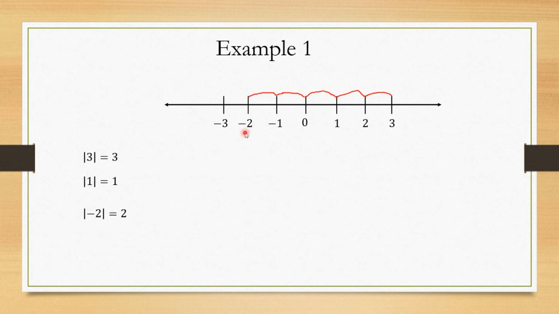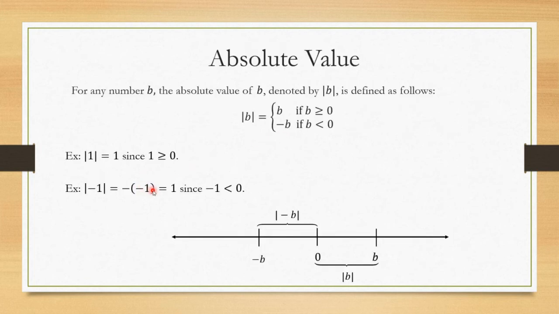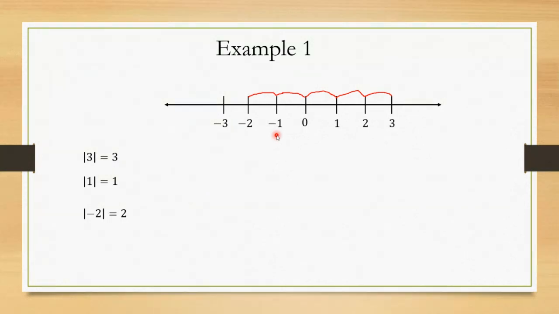So when you think of it in terms of distance, it's maybe easier because it's more intuitive. Notice though that 1 and negative 1 have the same absolute value. Negative 1 is 1 unit away from 0, to the left of 0, but 1 is 1 unit away from 0, to the right of 0. So negative 1 and 1 have the same absolute value.